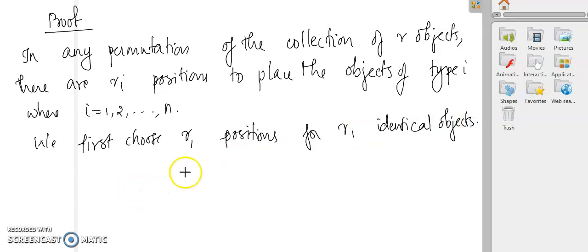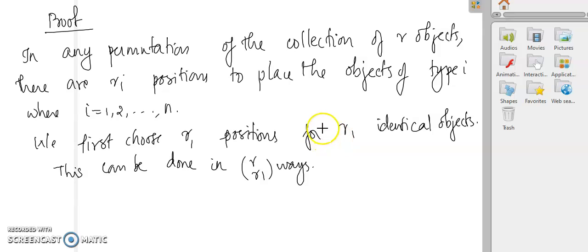For choosing R1 positions, there are a total of R positions, so that can be chosen in R C R1 ways. So this can be done in R C R1 ways. Now out of R positions, in R1 positions we place the type 1 objects.